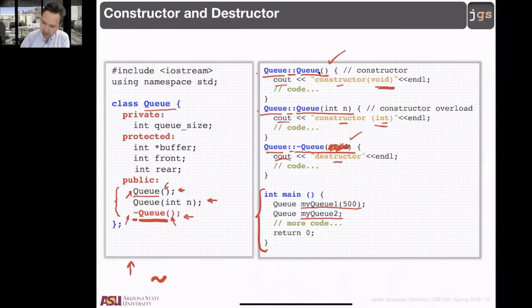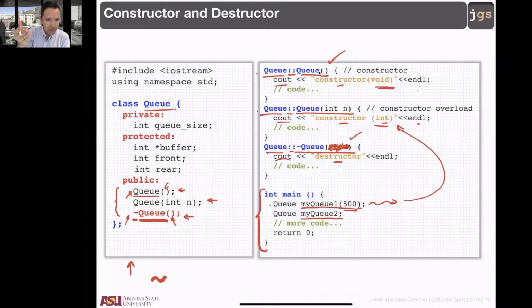When you are creating this object Q1 and you are sending this parameter here, what you are going to print there is this message, because this line is calling that constructor.